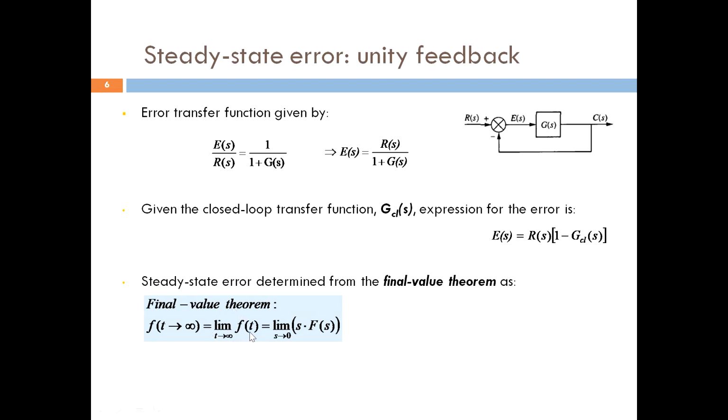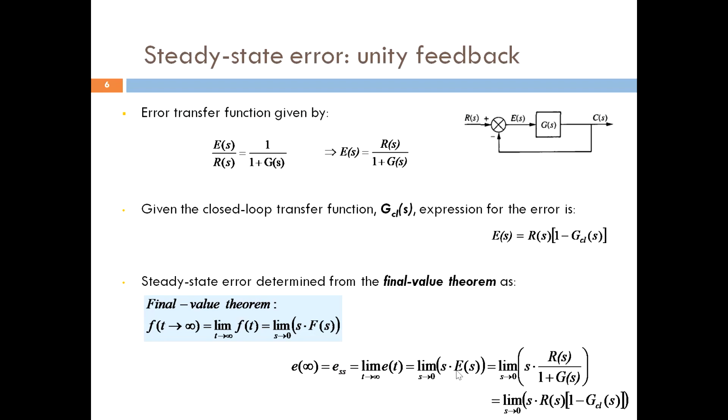We can also compute the final value in the Laplace domain by taking the limit of s multiplied by the Laplace transform of f as s approaches 0. Okay. So this is what we apply to the expression for the error of the system in the Laplace domain. And when we do that, we end up with this expression.